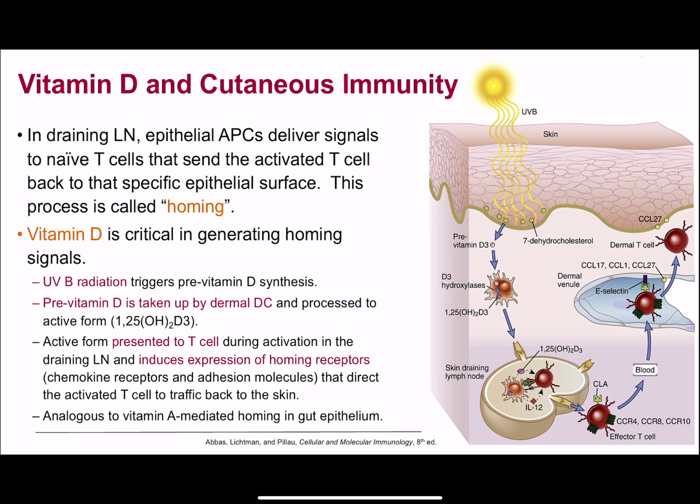And then we're getting expression of specific chemokines, expression of specific integrins based on that vitamin D-induced signal in the T cell that then causes the T cell to leave the lymph node, enter the circulation, and then go back to the skin, right? Same process, basically, 2 different vitamins based on which epithelial barrier we're talking about.